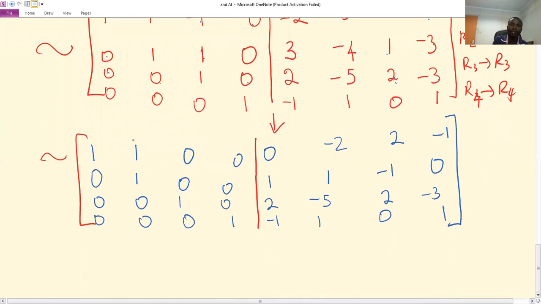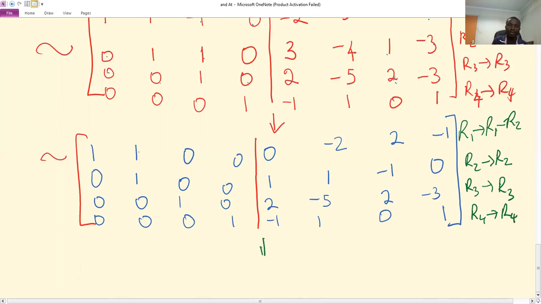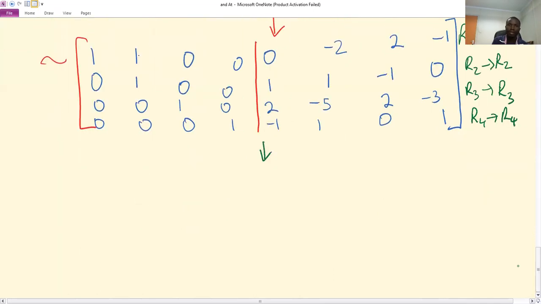So this is the only problem. If we correct this position here, then we'll have an identity matrix on the left. So we'll say row 1 becomes row 1 minus row 2. Row 2 is now in the correct form, so it remains row 2. Row 3 is in the correct form, remains row 3. Row 4 is in the correct form, remains row 4. So this will transform into an equivalent matrix.